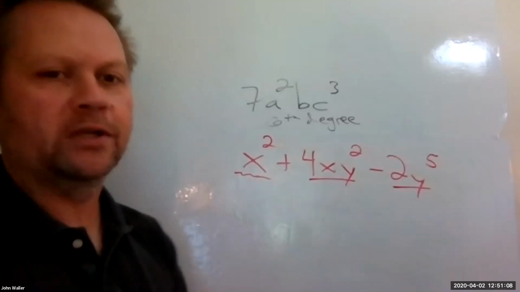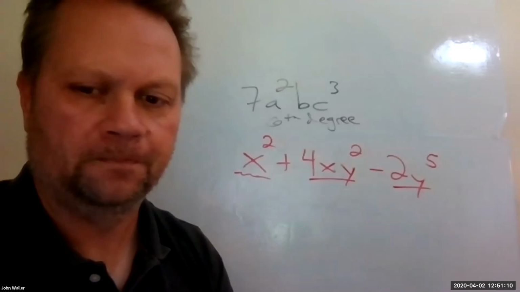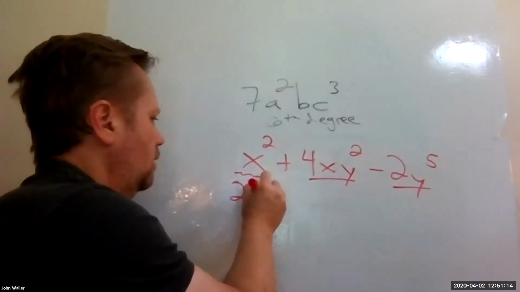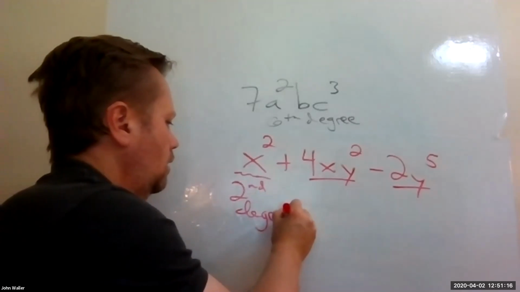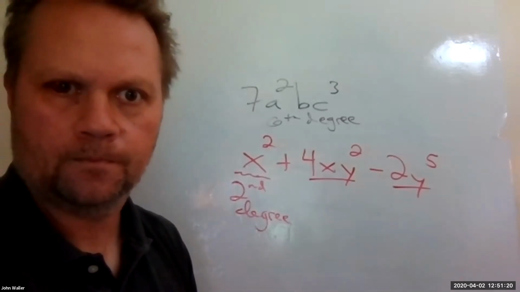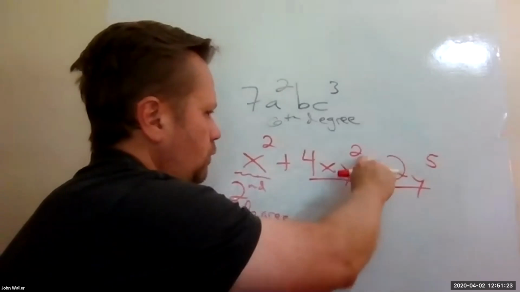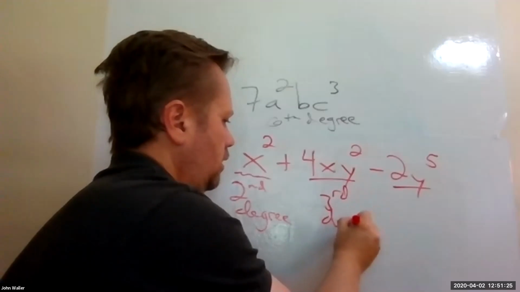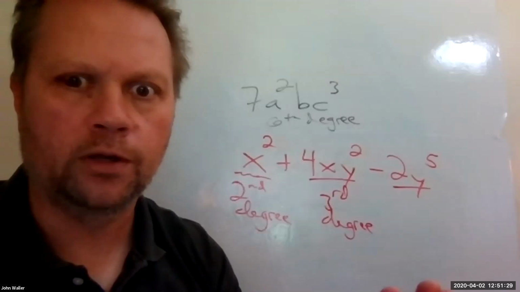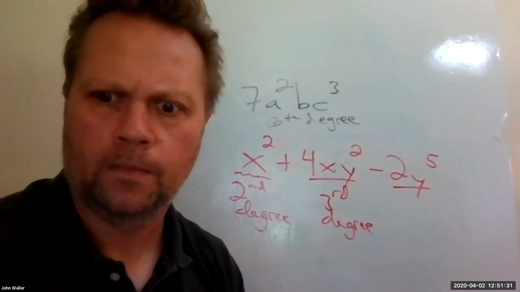This first term, what's the degree of that first term? 2. Yeah, it's the 2nd degree. What's the degree of this second term? 3rd degree. Yeah, it's got 1x and 2y, so it's 3rd degree. Before I keep going, anybody lost with how I'm doing this? Let me know.